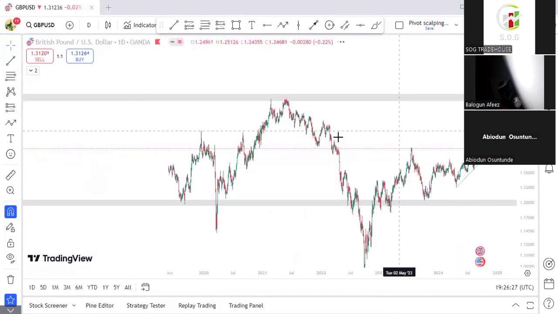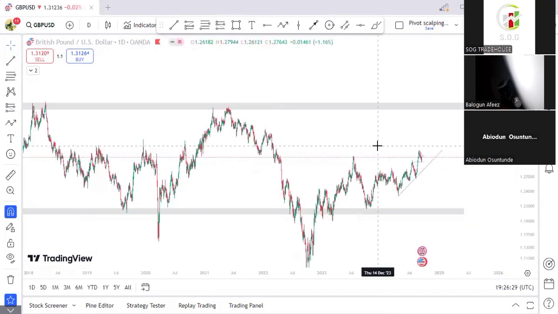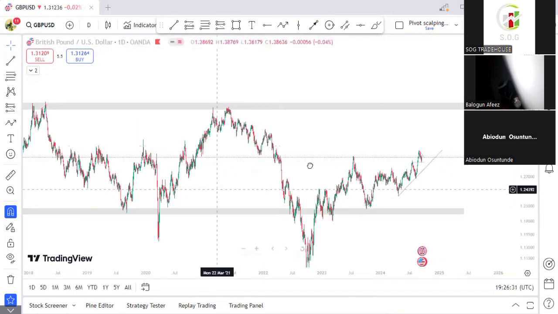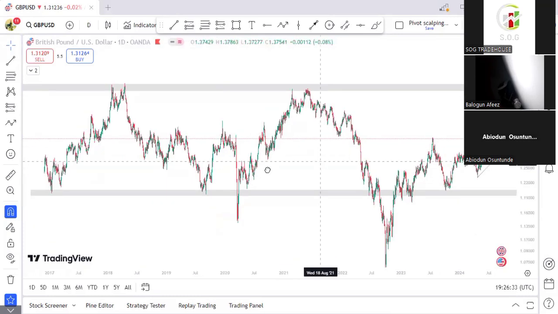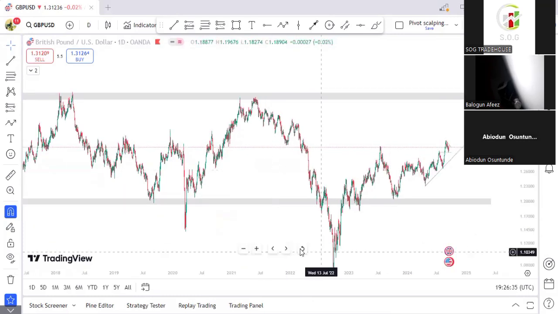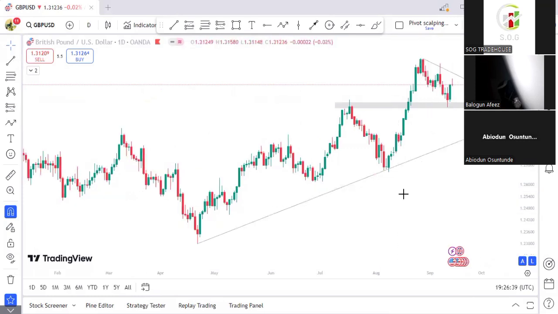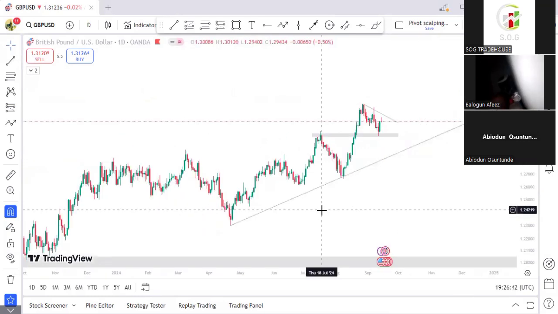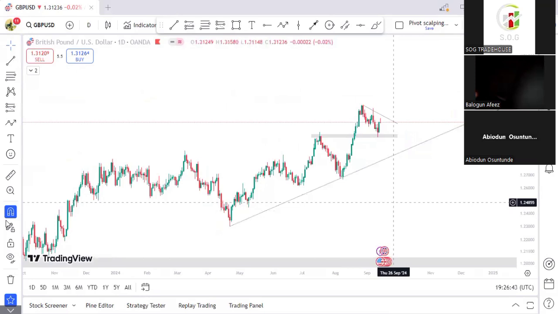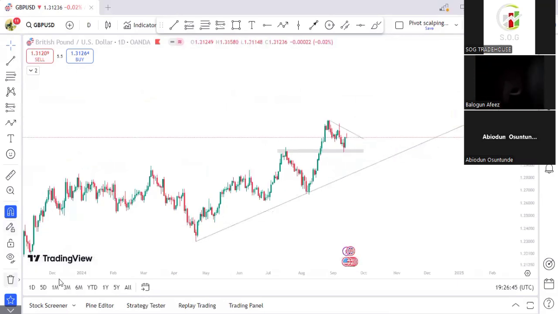So basically we are anticipating buys on EURUSD. So that means on GBPUSD, we should be looking for buys too. So let me delete everything and start afresh.